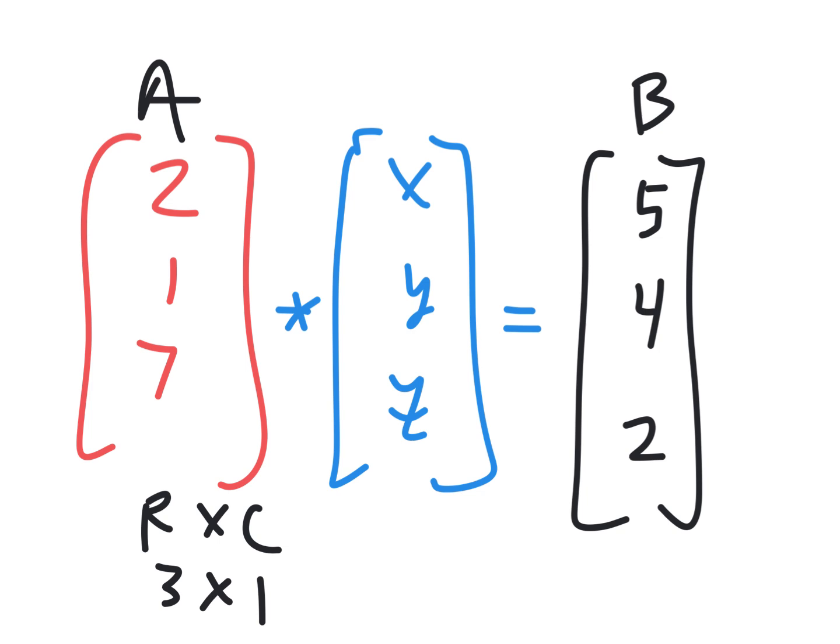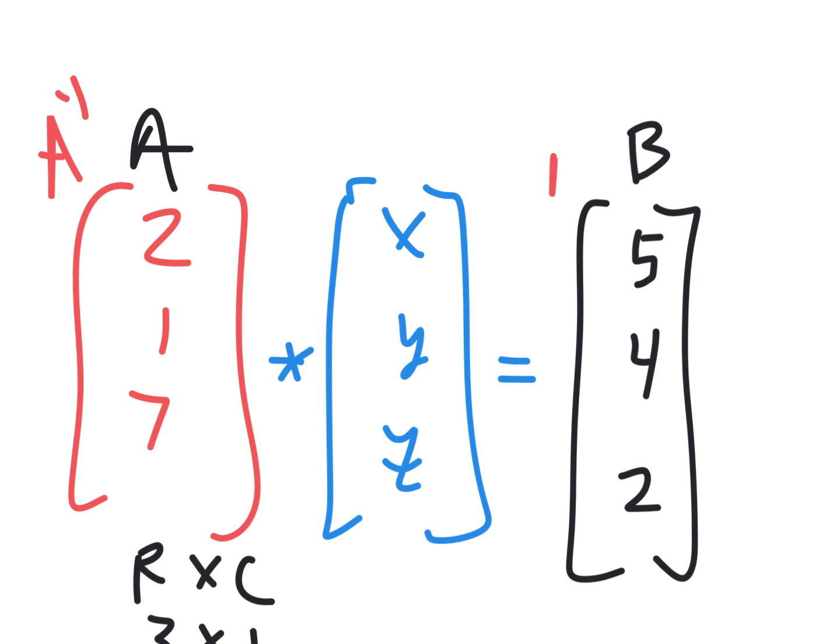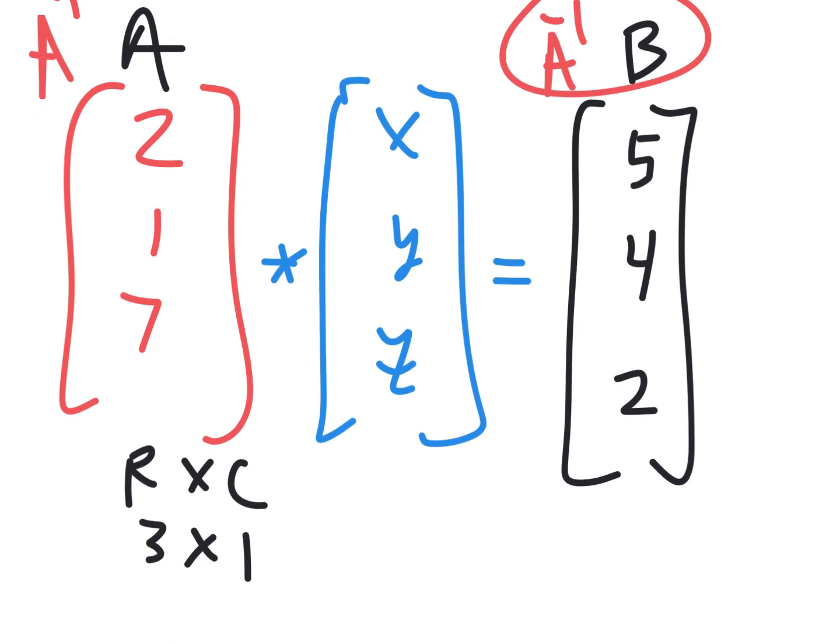Do you remember that deal? To get A out of here, you do inverse A, and then you do it on both sides. But what would the problem be here? You'd have to multiply that times that, and they're both 3 by 1 matrices. A 3 by 1 and a 3 by 1 wouldn't really multiply, so we wouldn't have set that up. We're not going to make everybody super confused on the test. But do you get that not every matrix can multiply?